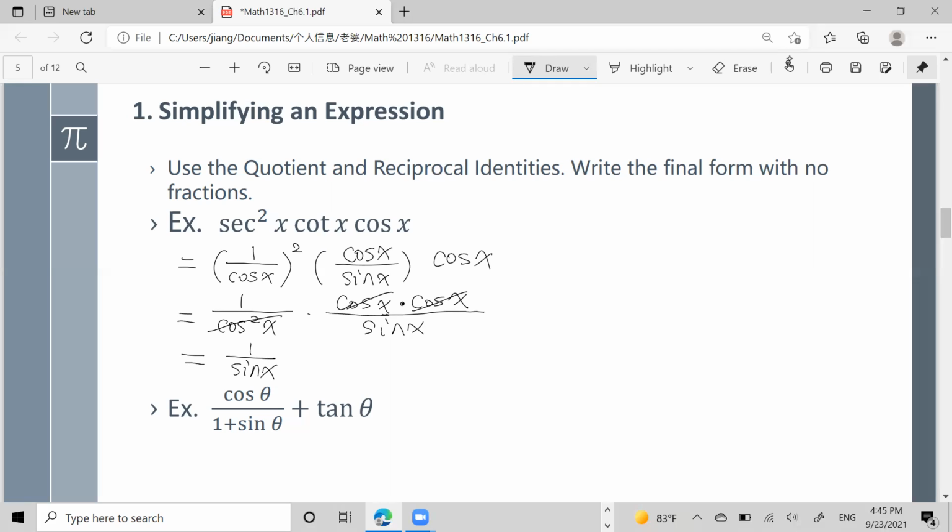This is a simplified form. If you don't want to have the fraction, you can make this into cosecant x, because cosecant x is the reciprocal of sine x. So all of this complex expression is simplified, and the result is cosecant x.